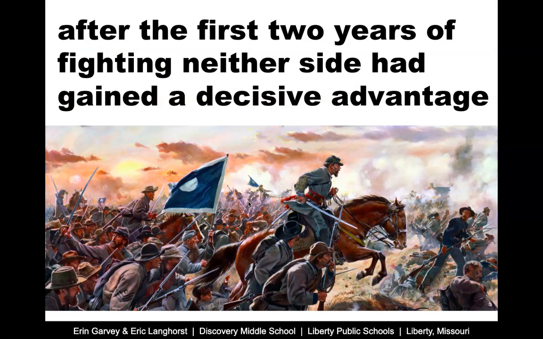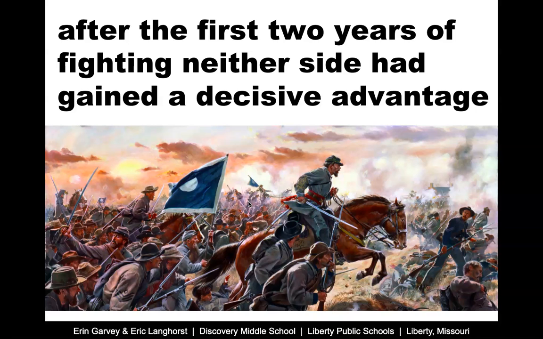After the first 2 years of fighting, essentially neither side really gains any kind of decisive advantage. This was a war that some predicted might only take a couple weeks. And here we are 2 years in, tons and tons of casualties, and neither side really has a definite advantage. We talked about in an earlier section of notes that the longer the war goes on, it's actually an advantage for the Confederacy, because the longer it goes on, the greater the chances that the Union's eventually going to say, we give up, we don't want to have all the costly casualties.